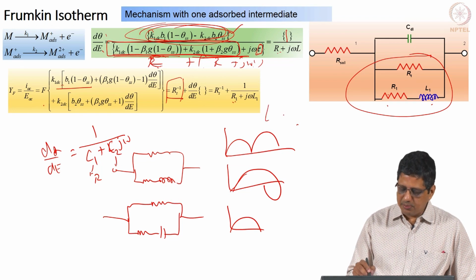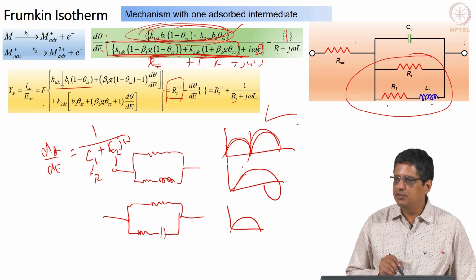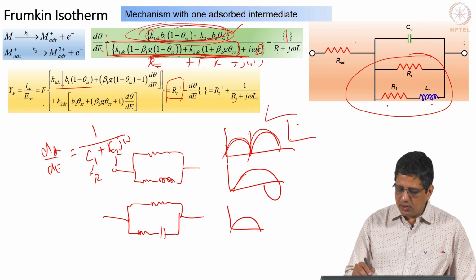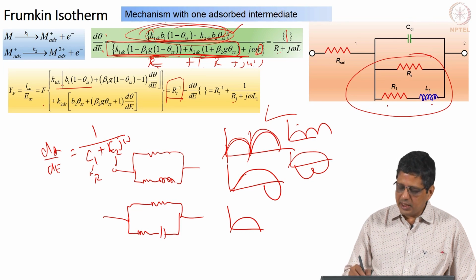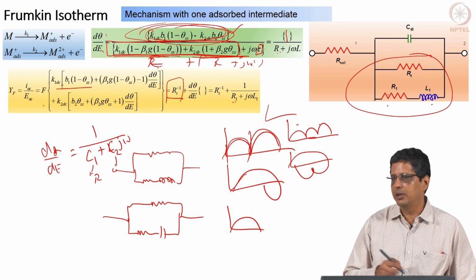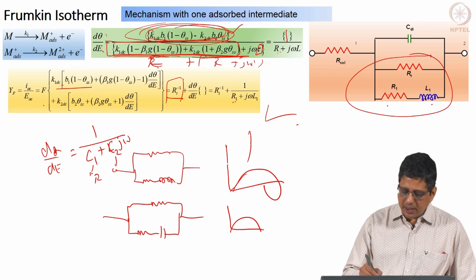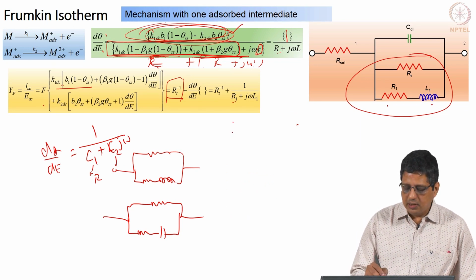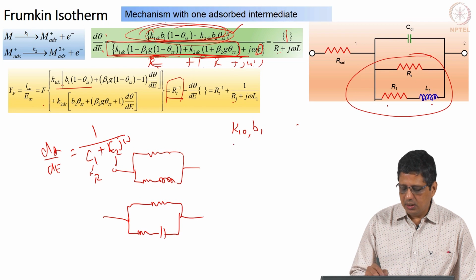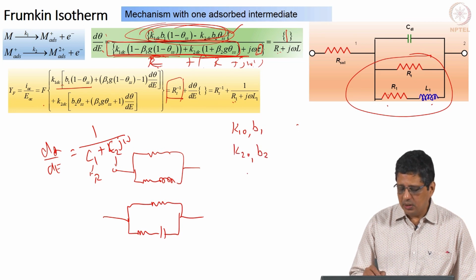In fact, when you do experimentally, it may give rise to these two loops, but we may measure only in this frequency range, in which case you will see only one loop. But this cannot give rise to a loop like this, it cannot give rise to a loop like this. So, if it comes like this, you can say it is going to need at least 2 adsorbed intermediates to model this. Although the number of variable parameters, see previously in Langmuir isotherm model K1 0, B1, K2 0, B2, gamma.